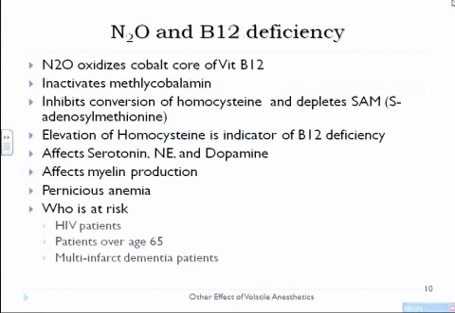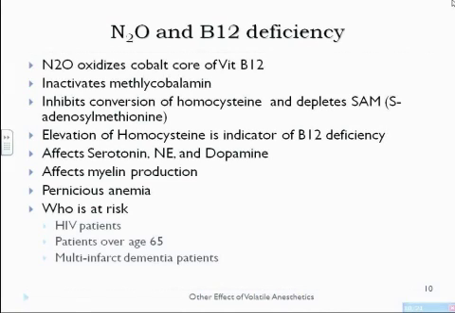What about nitrous oxide and B12 deficiency? Well, that is a big issue. Nitrous oxide oxidizes the cobalt core in vitamin B12. This inactivates methylcobalamin, and methylcobalamin is important for the conversion of homocysteine.